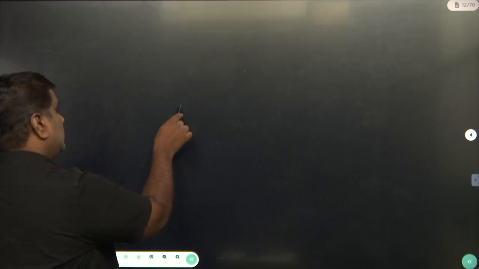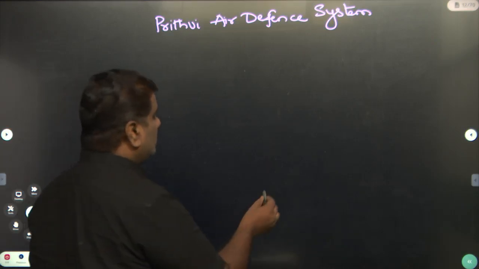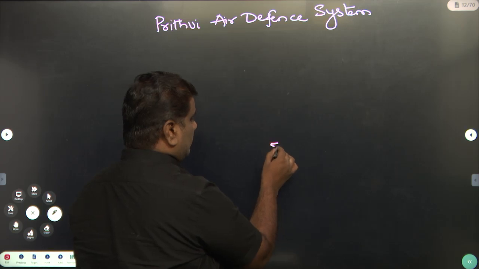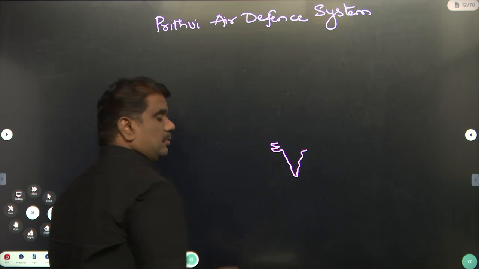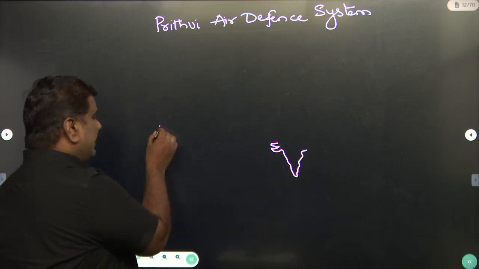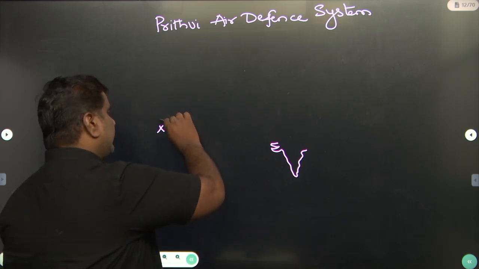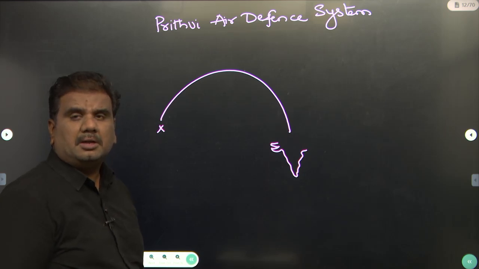Now suppose that in this particular case, you have one particular target here, or else we'll talk about the case of our own country. Now this is our country. Now some X country, it could be any country in the world, is trying to launch a missile on India.